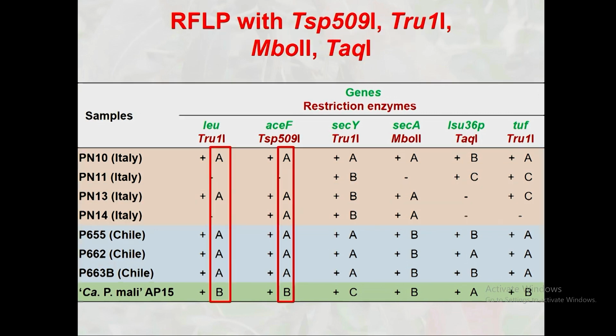We are now focusing on the restriction enzyme. We obtain the same pattern, the same profile of the restriction profile, and you can see in this, with ASF, Candidatus Phytoplasma mali presents a profile different from all the samples from Candidatus Phytoplasma piri.